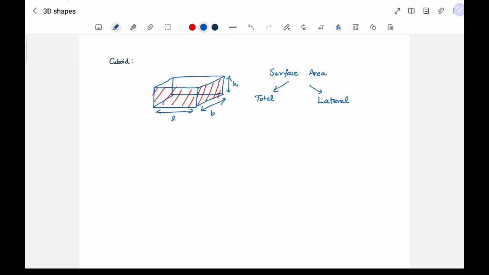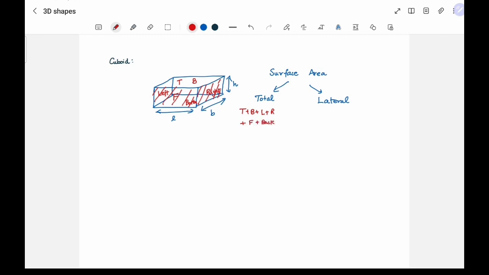Total surface area is the entire cuboid or any figure. So let's say there are faces like front, back, top, bottom, left and right. So total is the sum of all: top plus bottom plus left plus right plus front plus back.